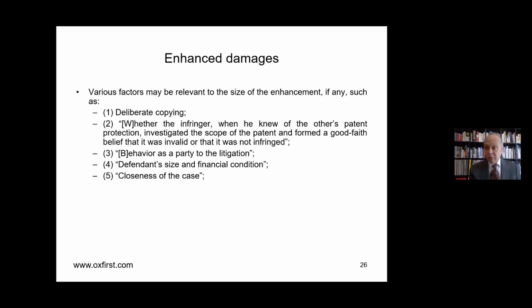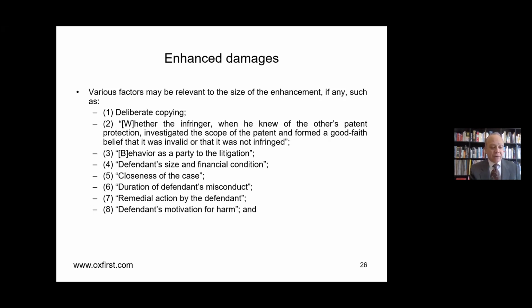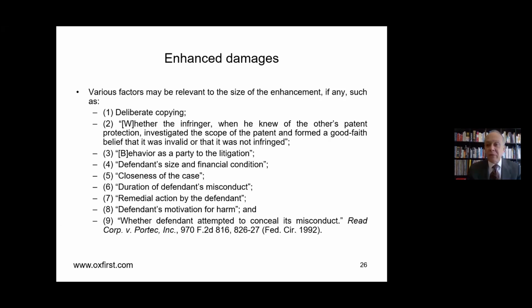The closeness of the case, the duration of the misconduct, whether there was any remedial action by the defendant, the defendant's motivation for the harm, and whether the defendant attempted to conceal its misconduct. These factors were articulated in their entirety in the Federal Circuit's 1992 decision, Read versus Portec.